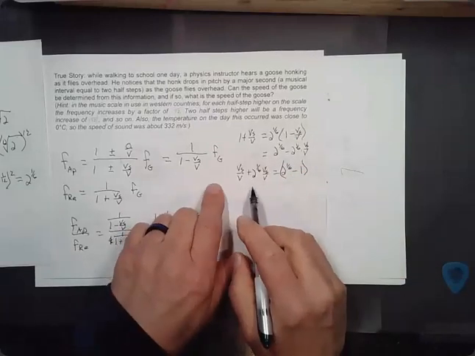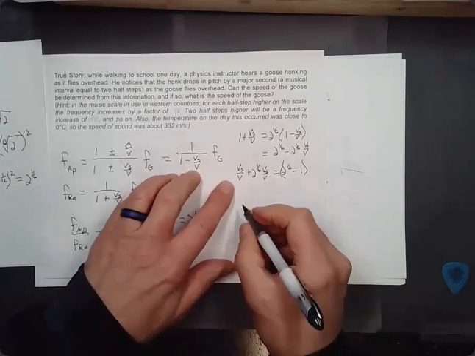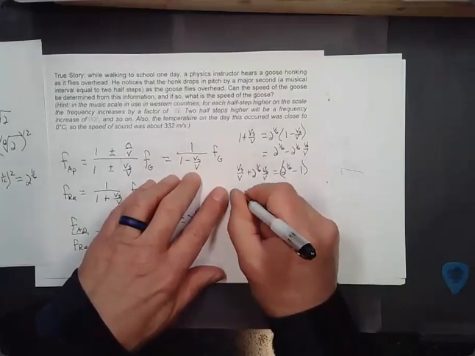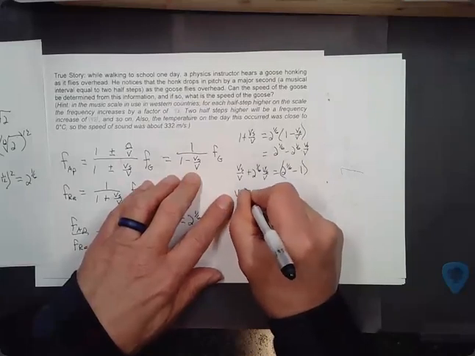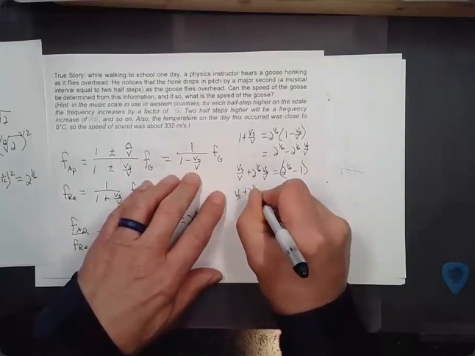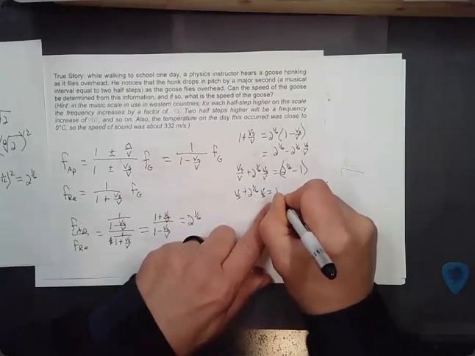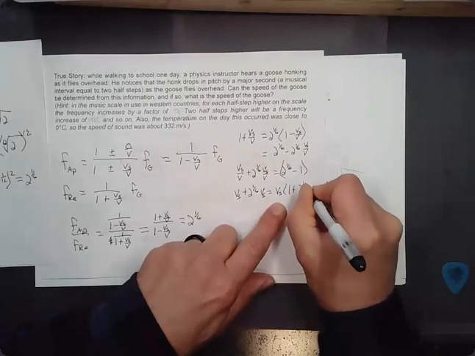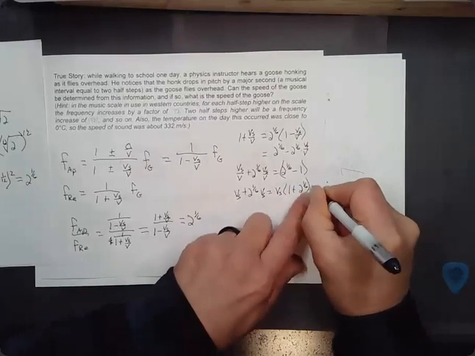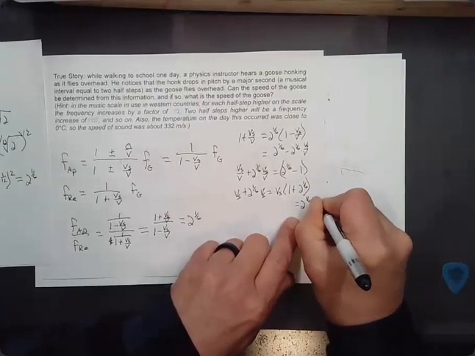Okay, and then multiply both sides by V. On the left side, what I'd have left is V sub S plus 2 to the 1/6 V sub S, which is equal to V sub S times 1 plus 2 to the 1/6. And on the right side, that's still going to equal 2 to the 1/6 minus 1.